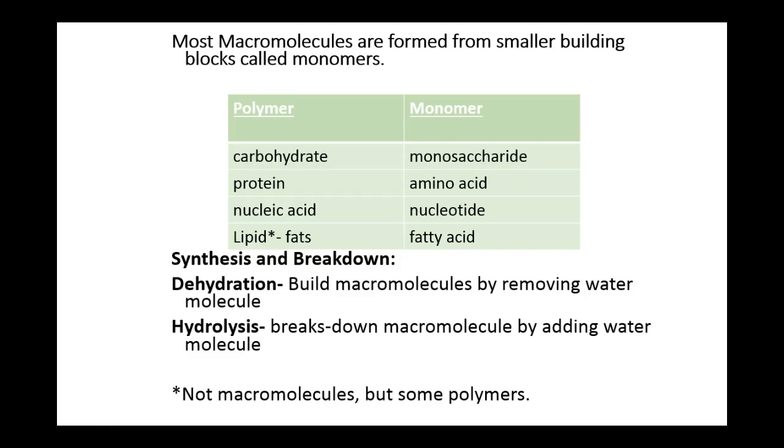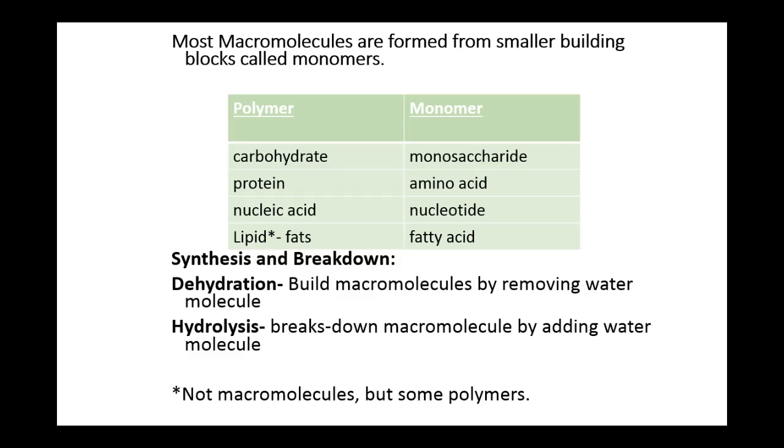Here's a chart, and these would be things that you would want to have in your head. The polymer is a carbohydrate, or sometimes we call it a polysaccharide. They're the same thing, I just try to use the same term that your book uses. So a carbohydrate is the polymer. The monomer of a carbohydrate is a monosaccharide. That's why it makes sense to me to say polysaccharide, but carbohydrate is the term that you're probably most familiar with.